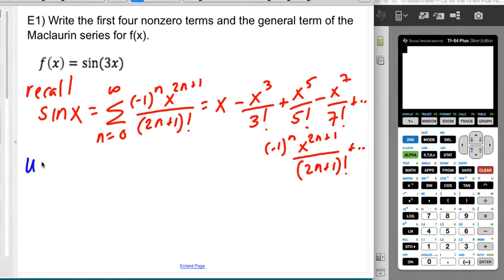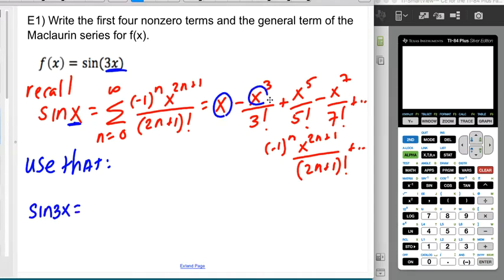So now what we're going to do is use that, but instead of an x, it's a 3x. That's literally the entire game. Sine of 3x is going to be, anywhere I saw an x, it's a 3x now. That's the whole game.